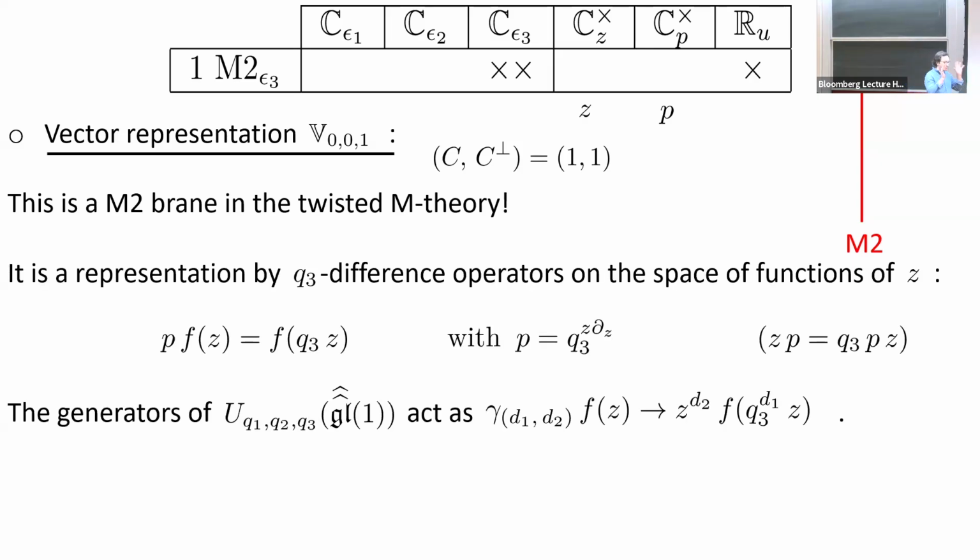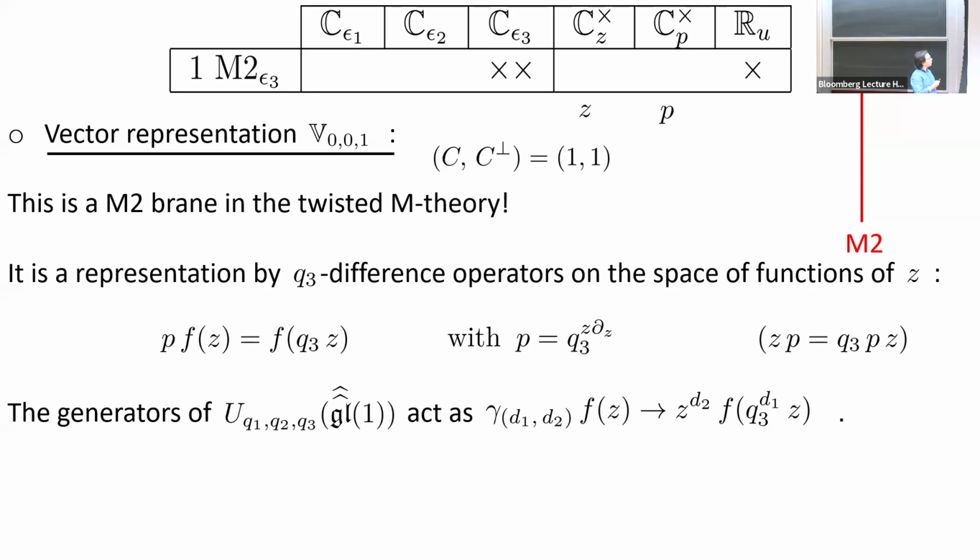It's going to be very hard without doing some extensive computations, but maybe I can give you some arguments. I told you that these vector representations are labeled by one-dimensional Young tableaux. Equivalently, they are also a representation by difference operators acting on the space of functions of Z. My M2 brane is a point on my C_Z cross C_P. Let's call Z and P the value of the point on that C_Z cross C_P.